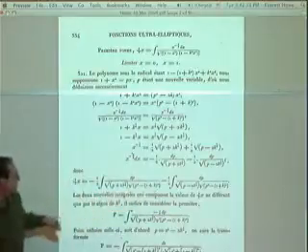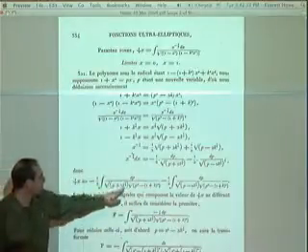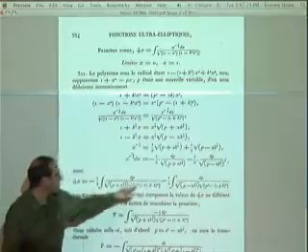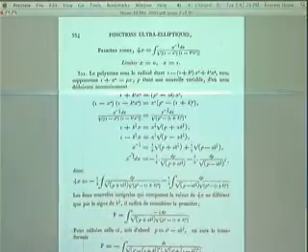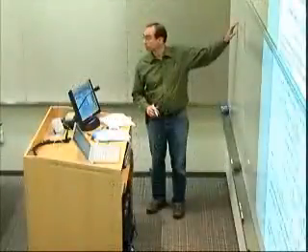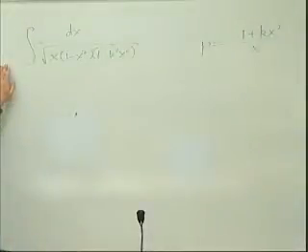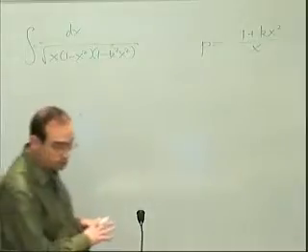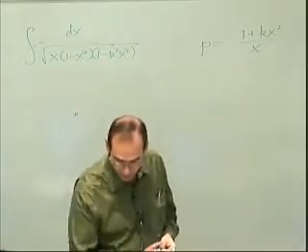I don't know how clearly you could see this, but now there's a linear term in p and then a quadratic term in p. So he shows that this ultra-elliptic integral can be written as the sum of multiples of two elliptic integrals.